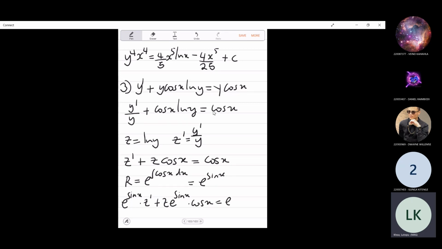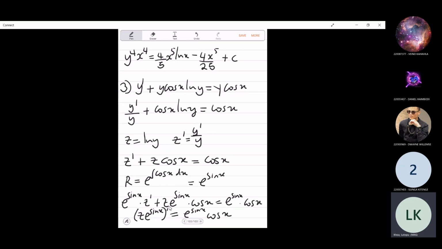This is e to the power of sine x times cos x. Okay, then on the left hand side, we can rewrite this as z times e to the power of sine x prime. This is e to the power of sine x cos x.